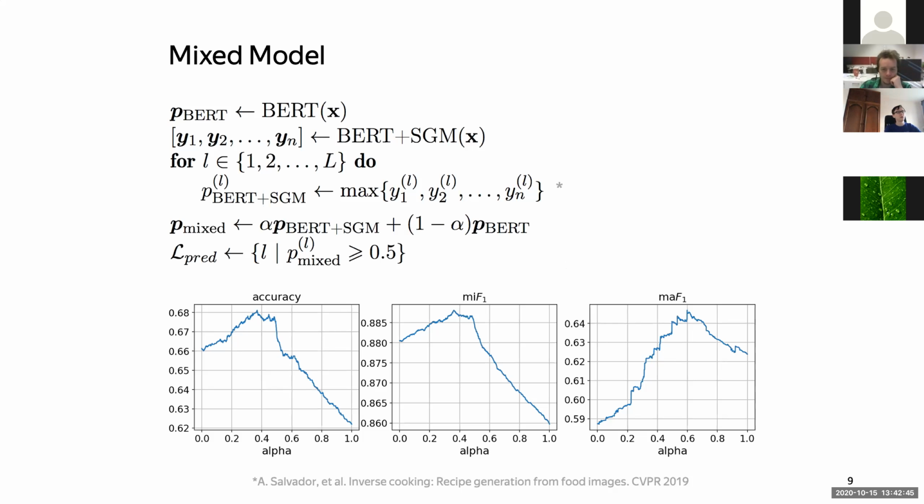Yeah, here is the example of how it behaves in a development set of RCV1 dataset. So we can see that for two metrics, at least accuracy and micro F1, it prefers just a vanilla BERT as a major contributor to the probability distribution.